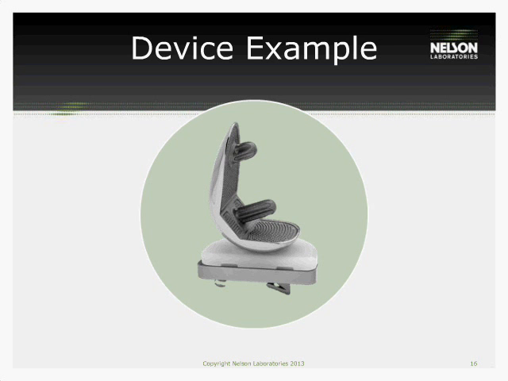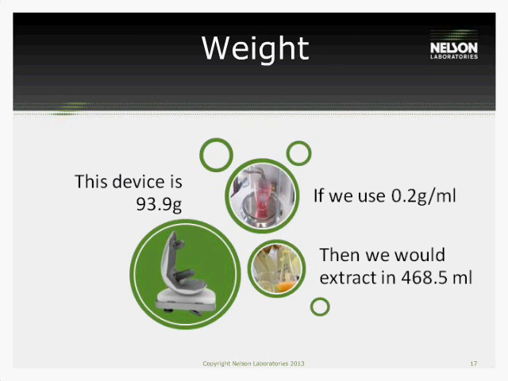I talked about the difference between surface area and weight, and here I have an example to show you. Here is a partial knee implant. They're made from all sorts of different metals, titanium, stainless steel. When we look at this device, it weighs 93.9 grams. If we use the weight to volume ratio in the standard, we would extract this device in almost 500 mils of media.